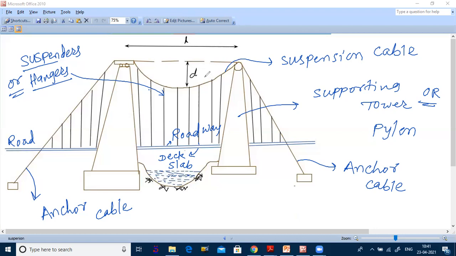Please draw this diagram. This is a huge mass of concrete. The anchor cables are connected to a huge mass of concrete, or it is also called a raft foundation.